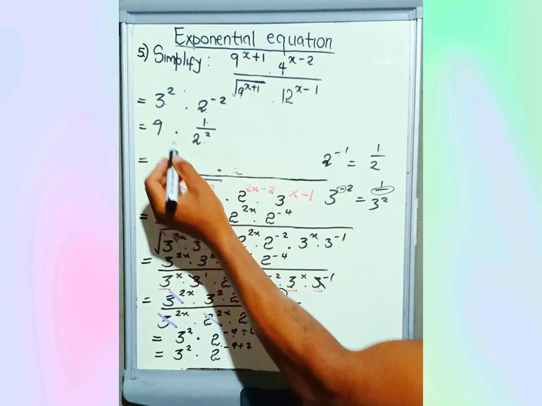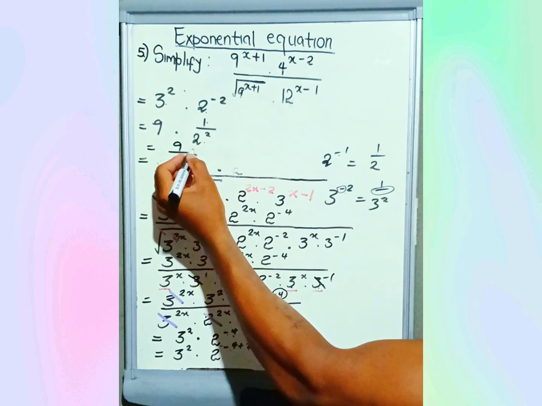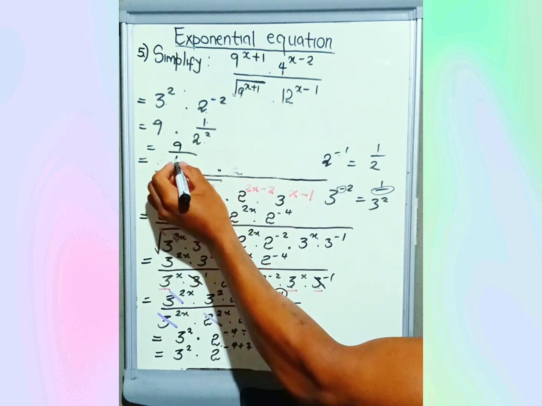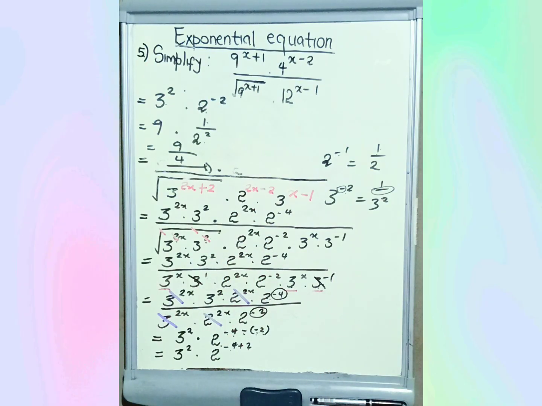Then 9 times 1 equals 9 over 2 raised to 2, which equals 4. Therefore, the answer is 9 over 4. Listen carefully, grade 11. This is a very simple sum.